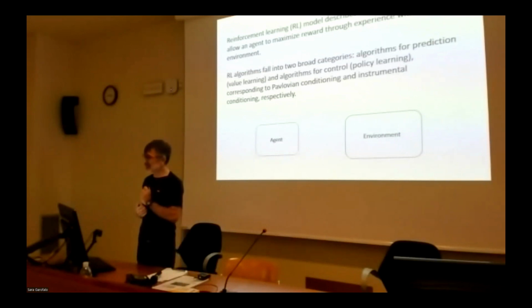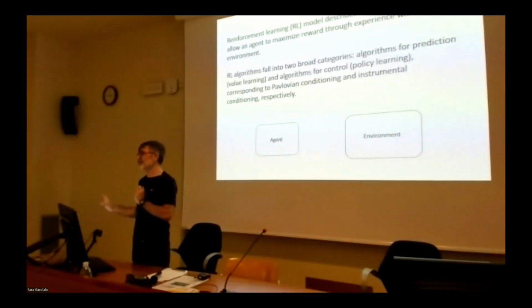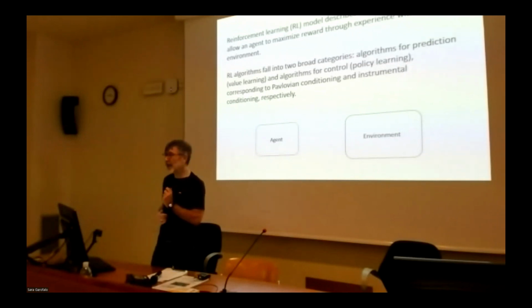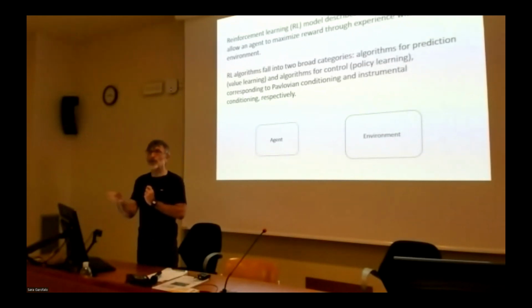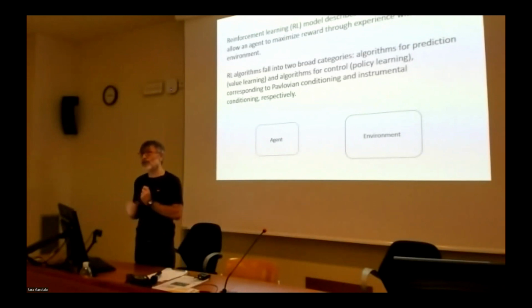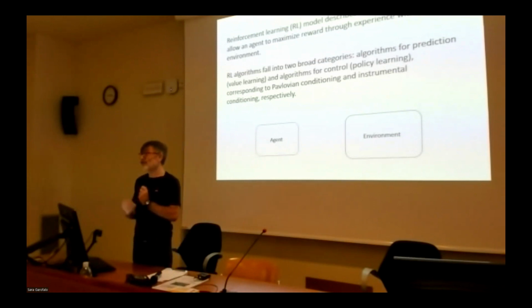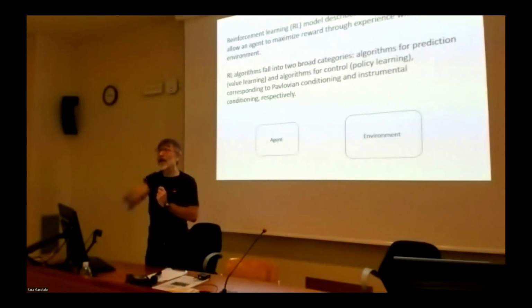There are two algorithms in reinforcement learning. One is called the prediction algorithm, which is very similar to classical conditioning. What is learned is a value function, the value of a particular state the subject aims to go to.